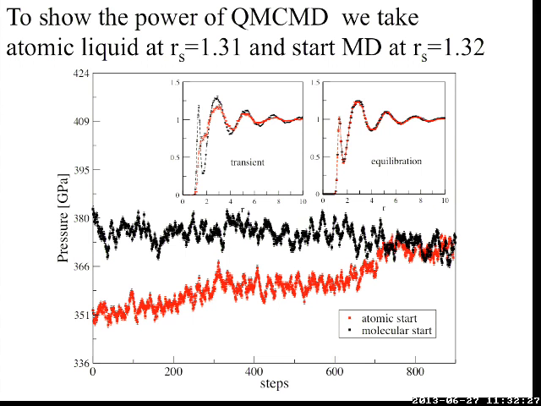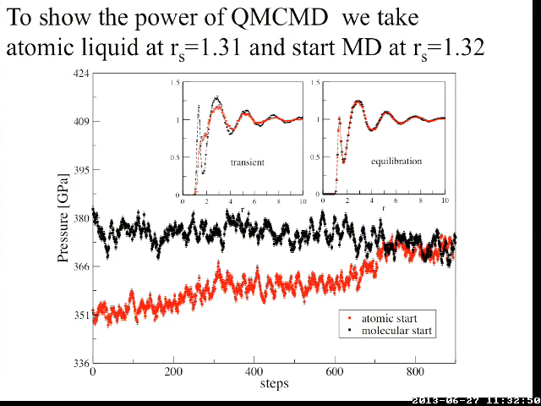So we take an atomic G(r), a configuration, and we start our molecular dynamics in the region where we have the molecular phase.